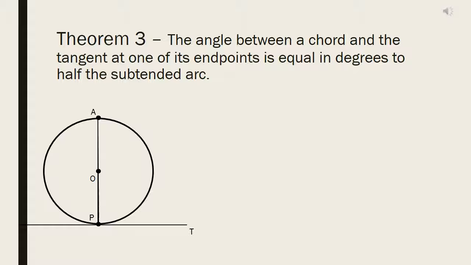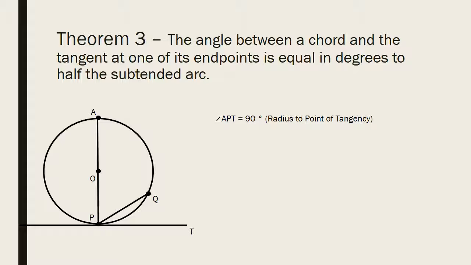Now we know from earlier that the angle between the radius and the point of tangency is 90 degrees. So now we're going to draw a point Q here on the circle, and let's draw a line from Q to P. Just by looking at this, we can see that angle APQ and angle QPT add up to 90 degrees because they make up that entire angle between the radius and the tangent line.